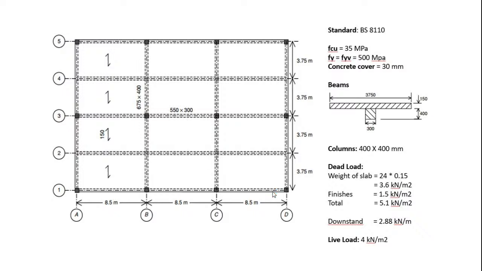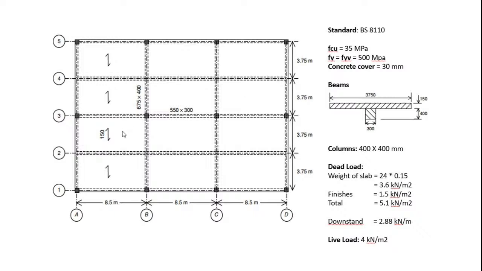We shall be using BS 8110, and our focus will be to design the most loaded beam. Obviously the most loaded beams here will be the ones that span the largest, as you can see, 8.5 meters. We'll also see the way the slabs are oriented.